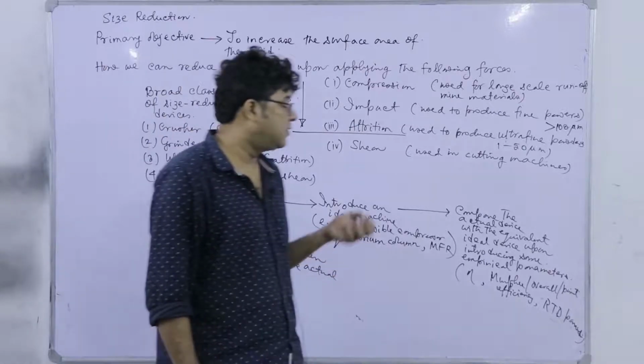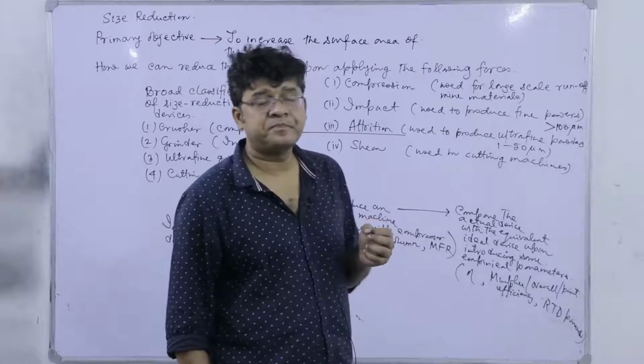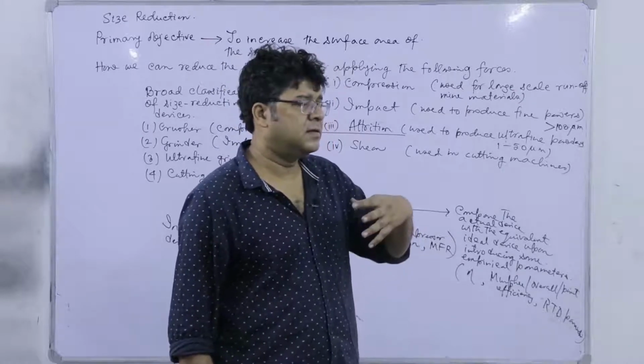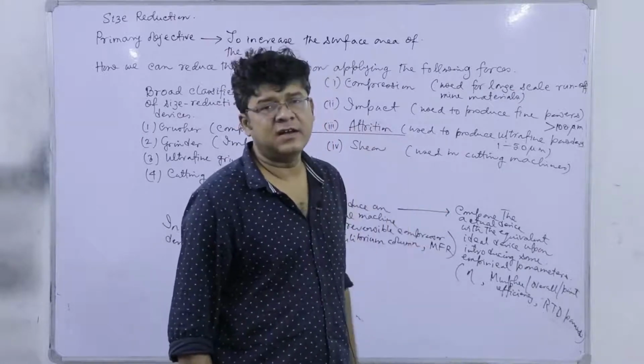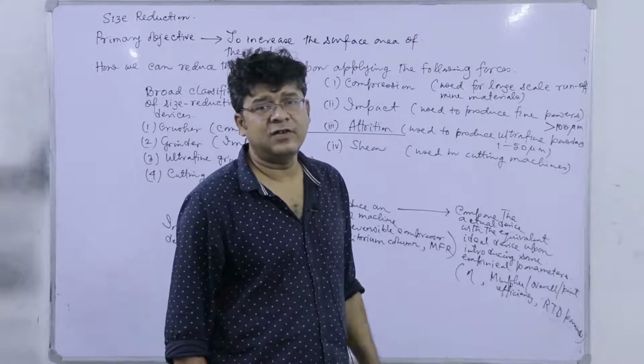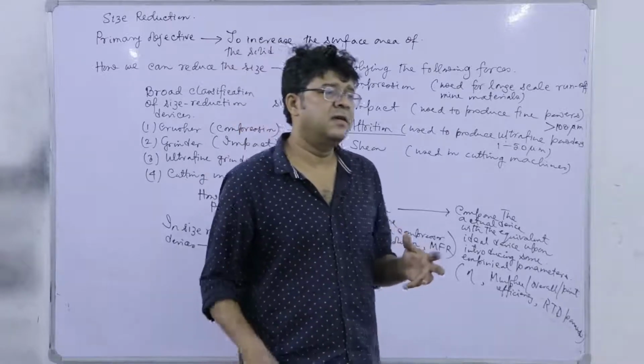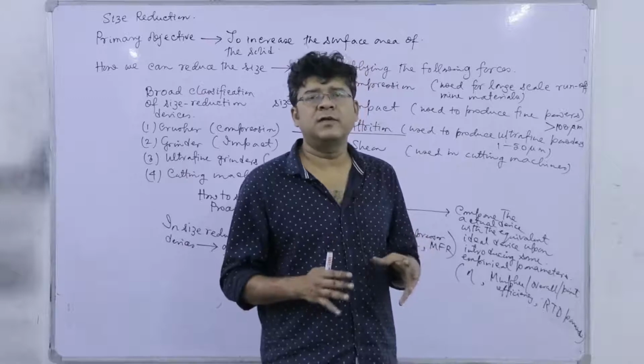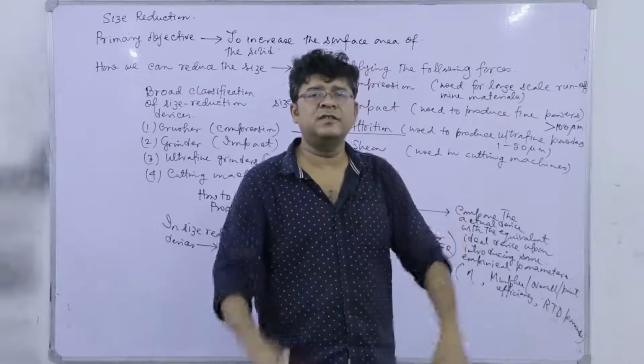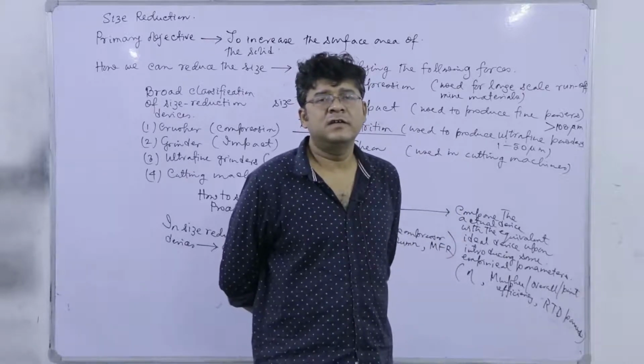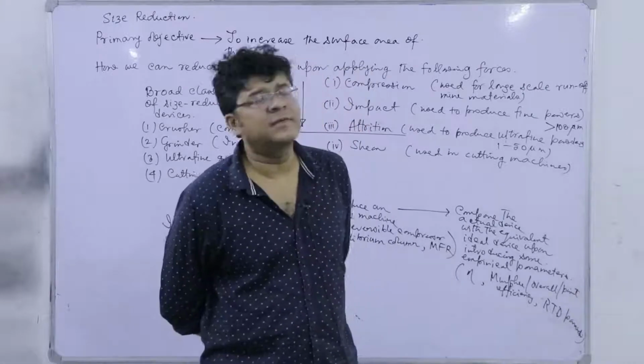So energy usage, you see, if we think of an ideal crusher or grinder or any other size reduction device, what will we think? The energy we have to give is the surface energy.